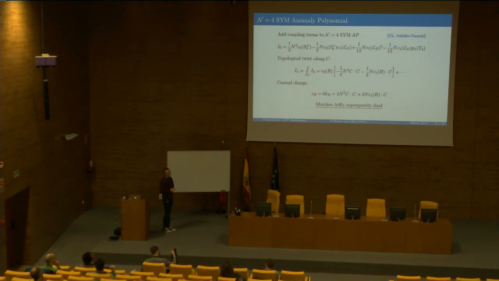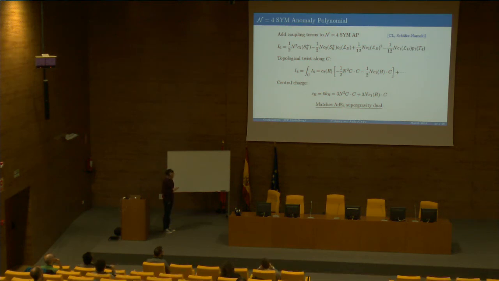The central charge is just minus the coefficient of this term in the anomaly polynomial, and it looks like this. You notice 3N squared c·c plus 3N c_1(B)·c is exactly the central charge that we also computed via holography. So it matches the supergravity dual. In this way, we have a field theoretic approach to understanding some aspects of these theories, like anomalies.